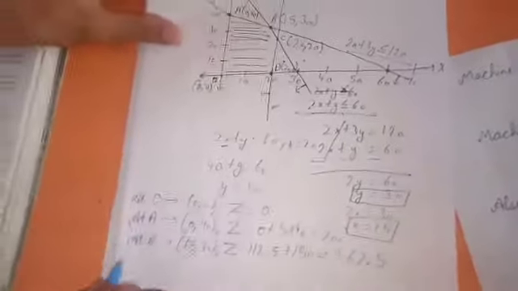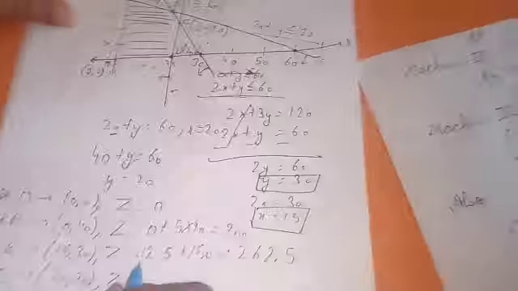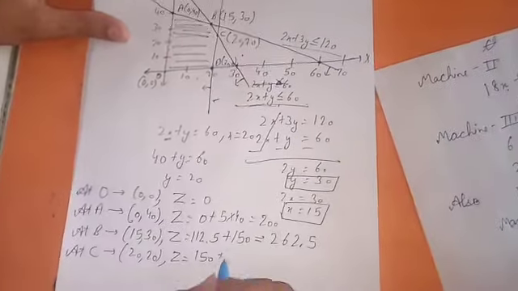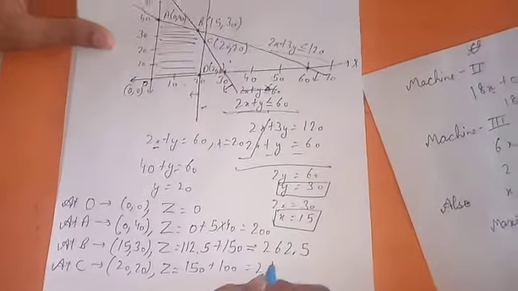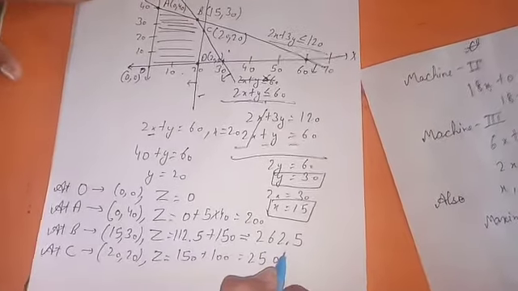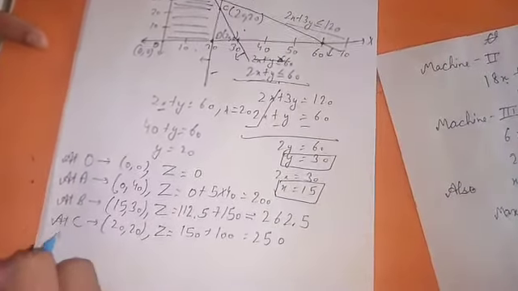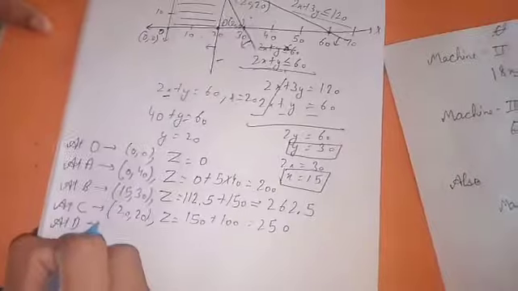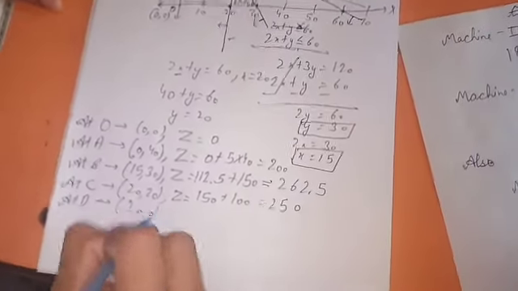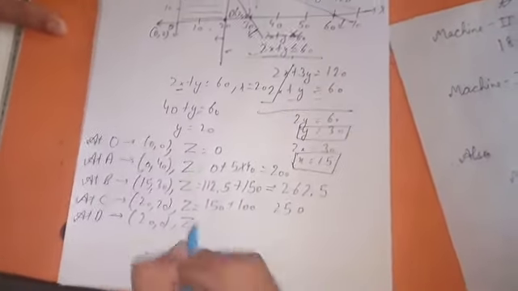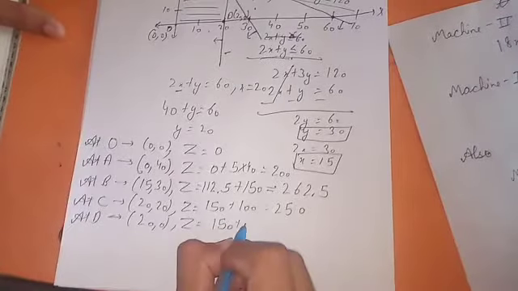At C, with coordinates 20, 20, Z will be what? 150 plus 100, that is equal to 250. And at D, with coordinates 20, 0, our Z will be what? 150 plus 0.